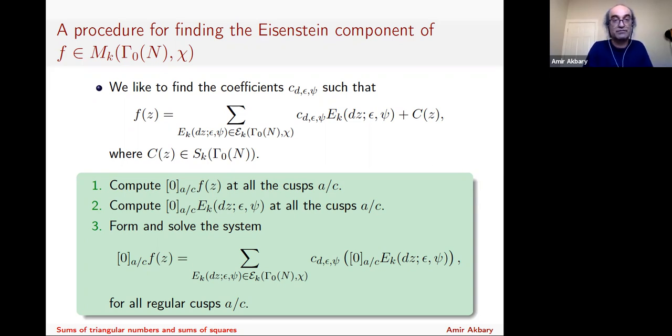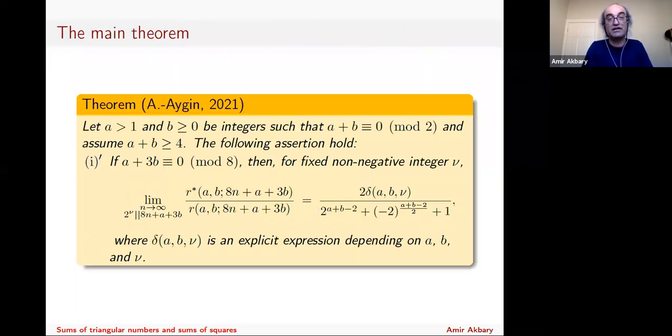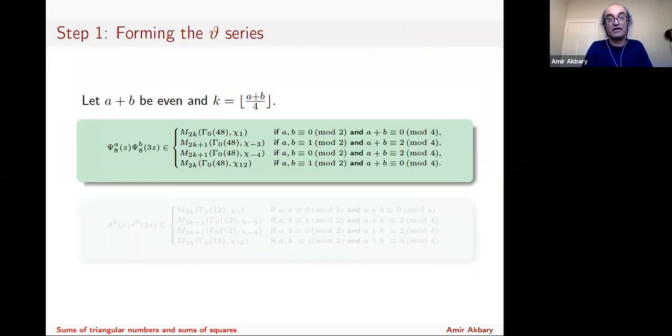Even in this case, as you mentioned, it's quite messy because here you are dealing with the 8 cases. This method is going to cover just the case where a plus b is even, because those Eisenstein bases are known for integral weight modular forms.